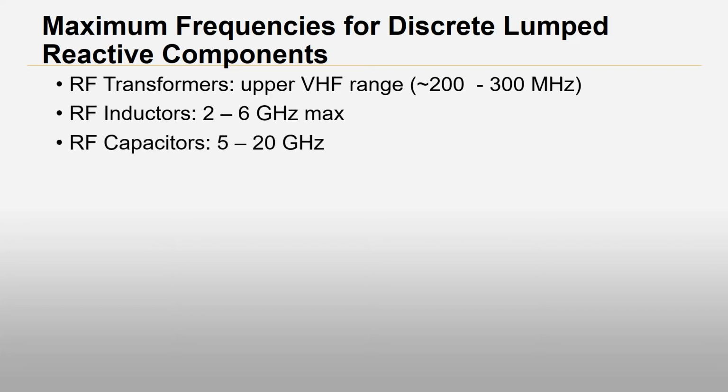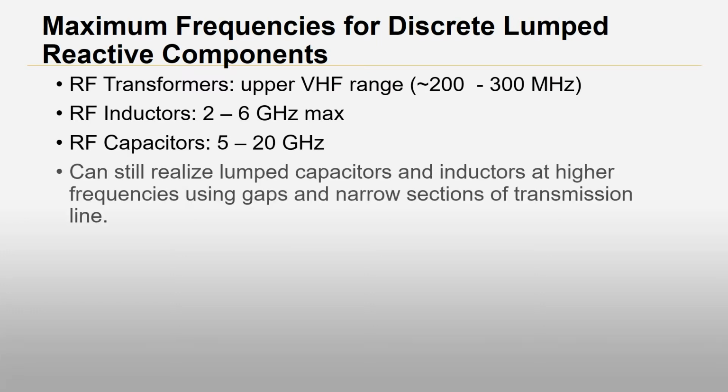For RF capacitors, somewhere between 5 and 20 gigahertz, one will find that they are not really working too well. And we should note that we can still realize lumped capacitors and inductors at higher frequencies by using gaps and narrow sections of transmission line.